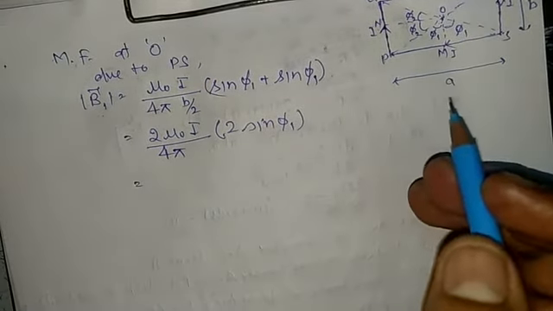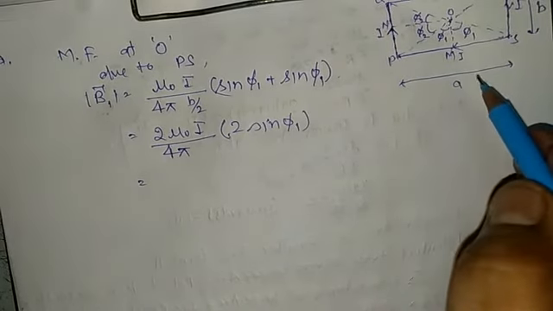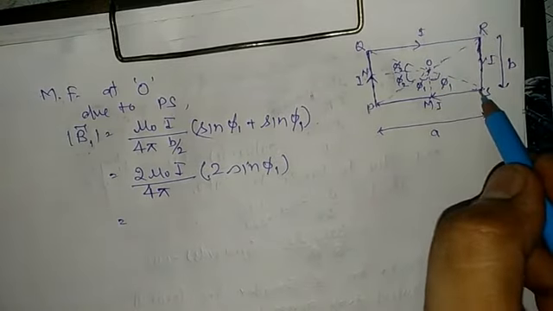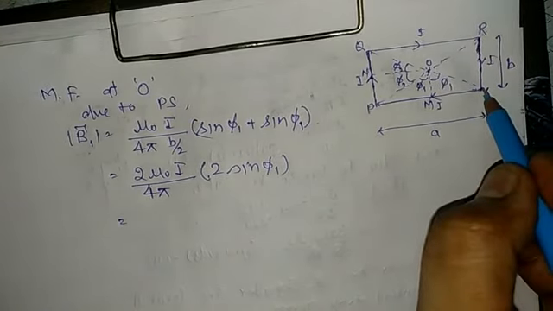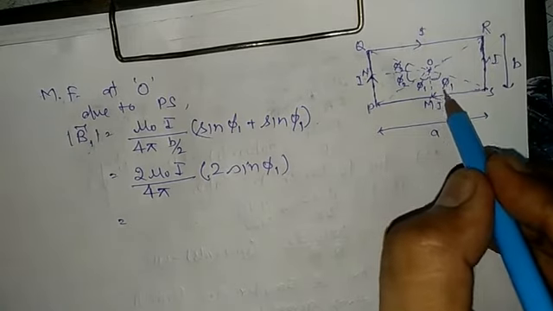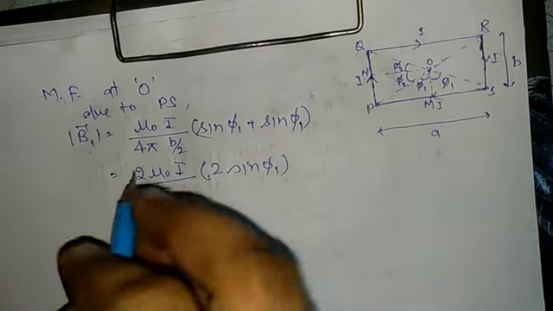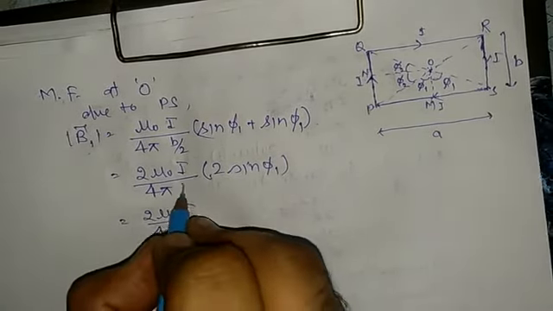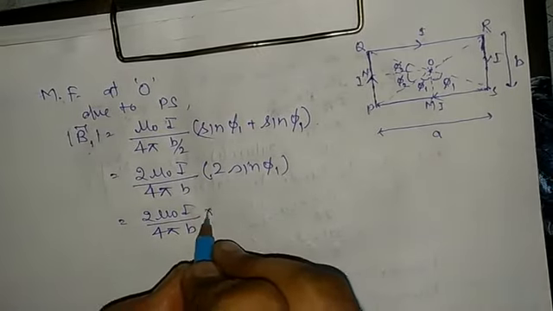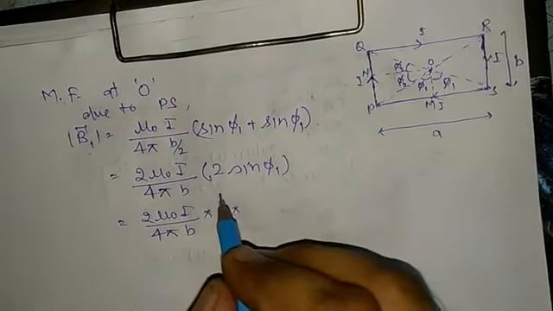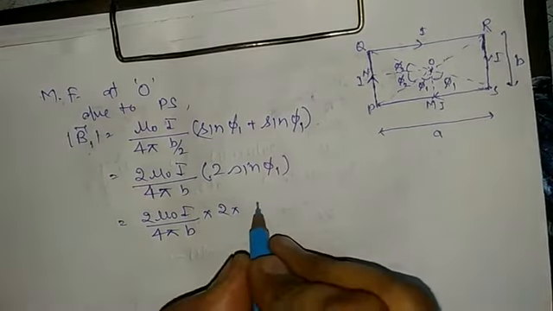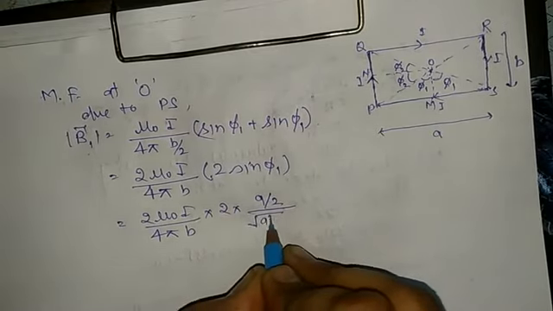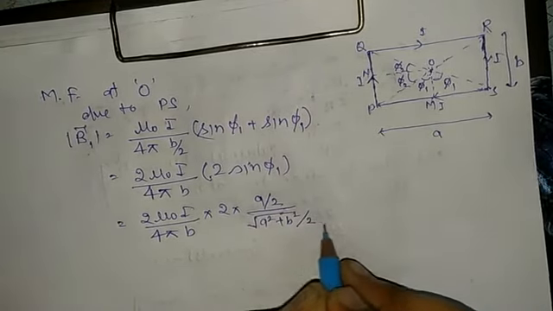We can have the value of sine phi 1 as perpendicular upon hypotenuse. So this can further be written as, sine phi 1 will be equal to a by 2 upon square root of a square plus b square upon 2.